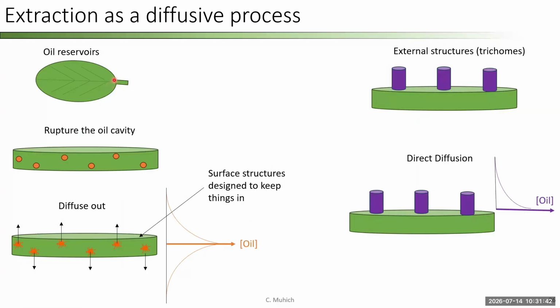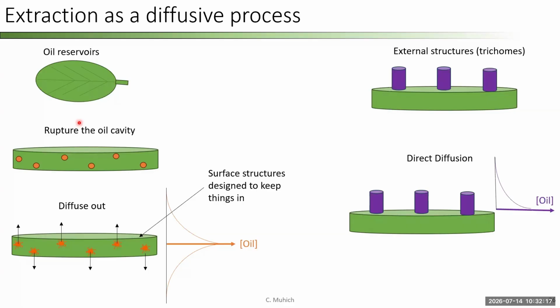And so when I think about this, if I have our oil reservoirs and similar things to oil ducts, I need to get these molecules that I'm interested in, maybe say these orange pigments in these cells, which reside in this leaf. So here's the leaf. If I turn it on its side, I have the top of the leaf, this side view. I need the molecules that are sitting within those oil cavities to diffuse out of the system.